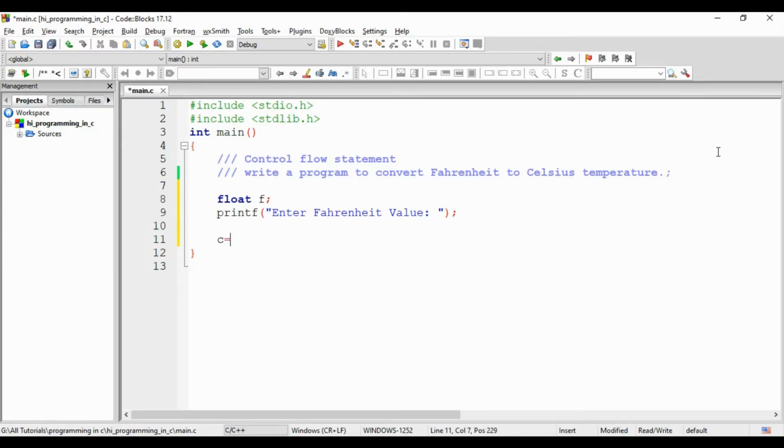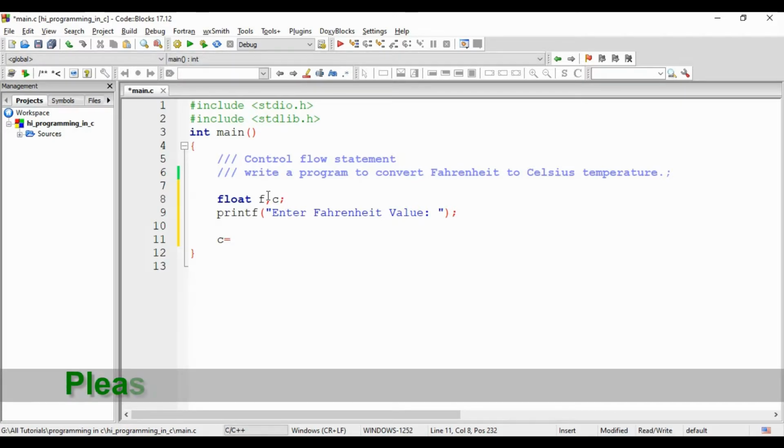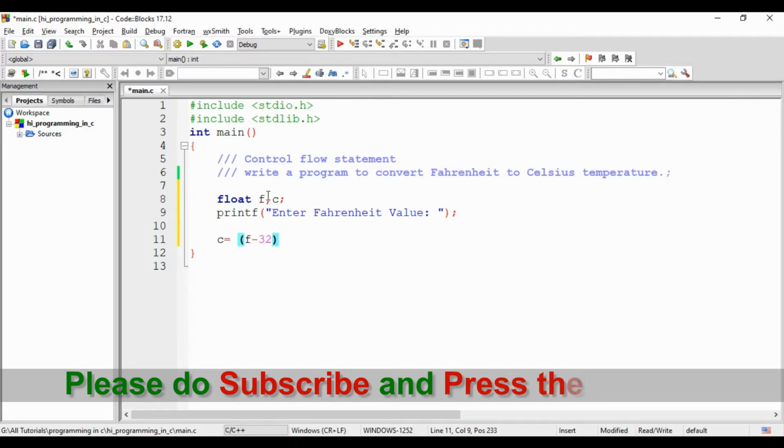C equals... C means we need to initialize C for Celsius. The Fahrenheit was F minus 32, and slash 9, and another one is 5.